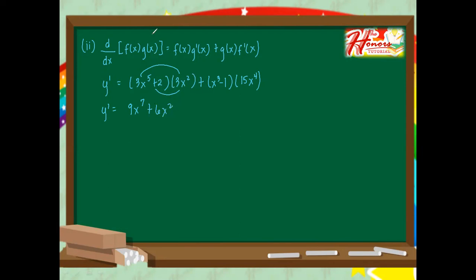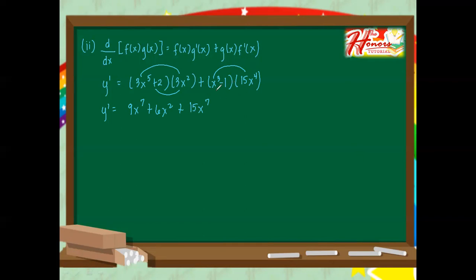How did we get this? 2 times 3, that is 6, and then just copy x squared since we don't have any variable to combine it with. Plus, let's multiply x cubed times 15x raised to 4. So that is equal to 15x raised to 7. Why? Because for 15, this is a constant, just copy it.